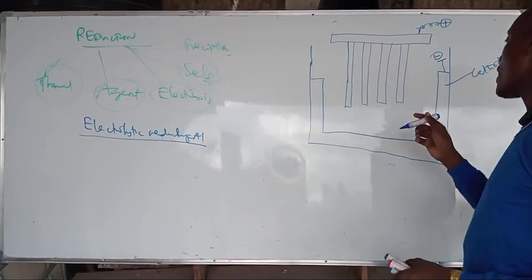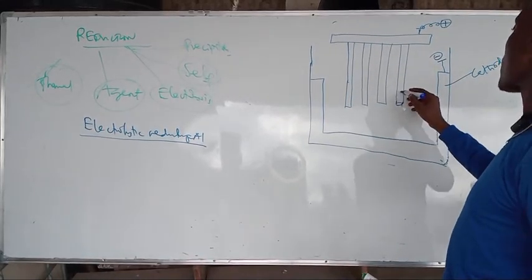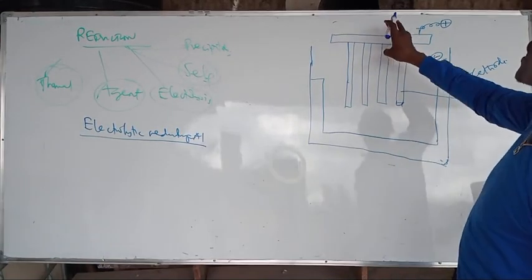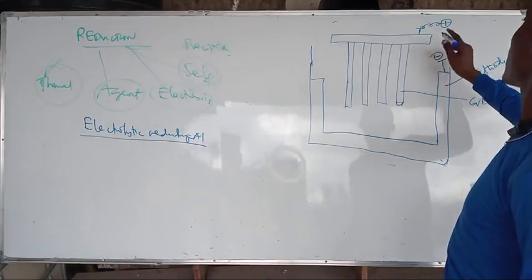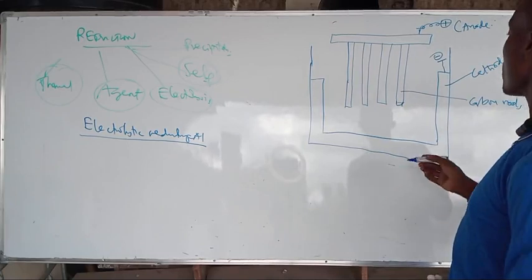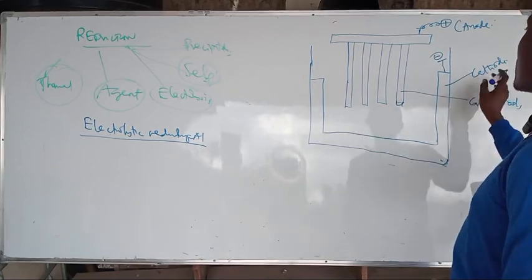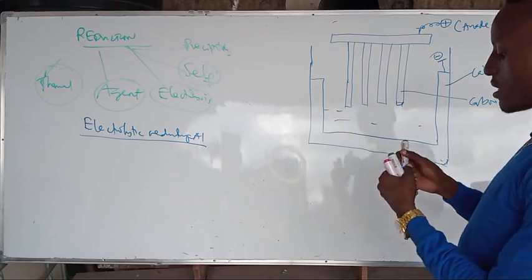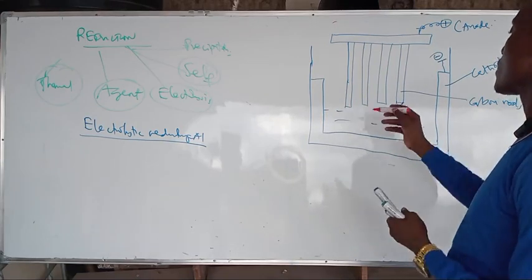So what happens here? We have the carbon rods, which connect with the positive, which is now the anode. You get that? The cathode is connected to the negative. So here is the electrolyte inside.